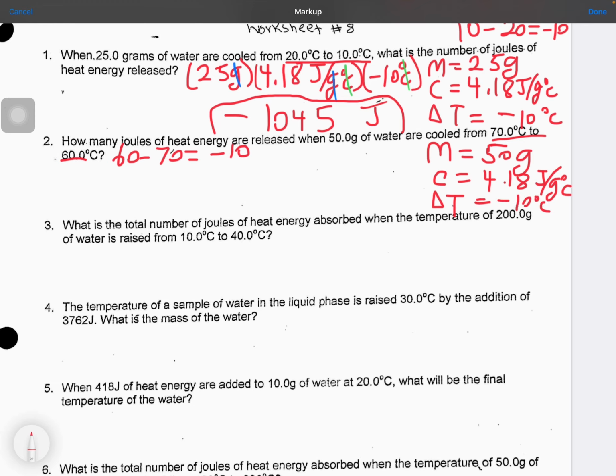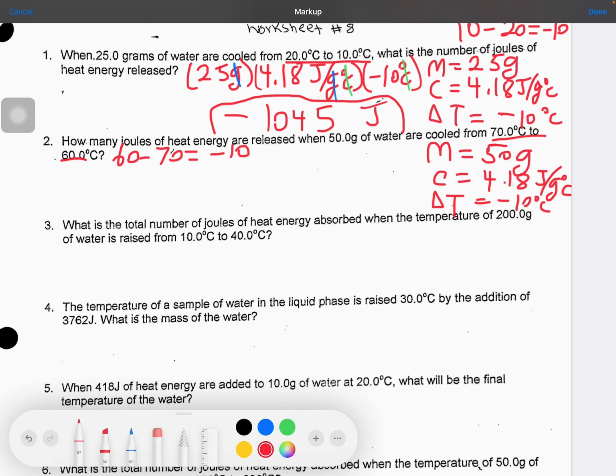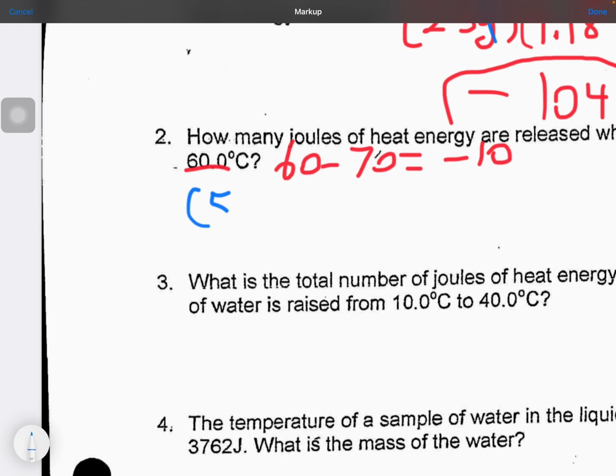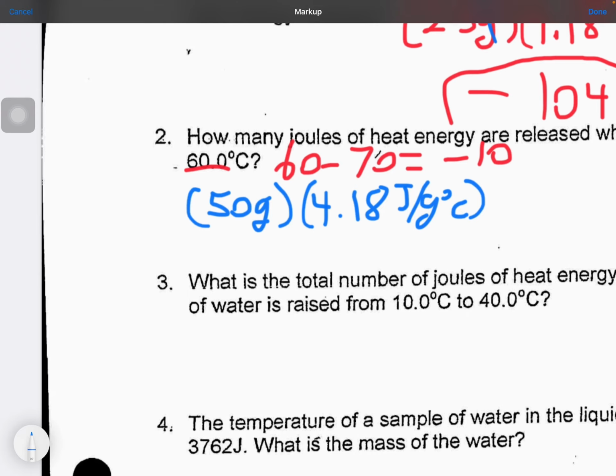Now again, we're just going to plug everything into the formula. I'm going to do this in a different color. 50 grams times 4.18 joules per gram degree Celsius times negative 10 degrees Celsius.